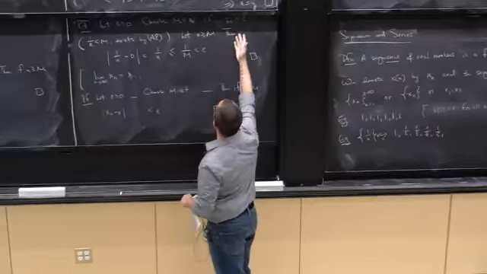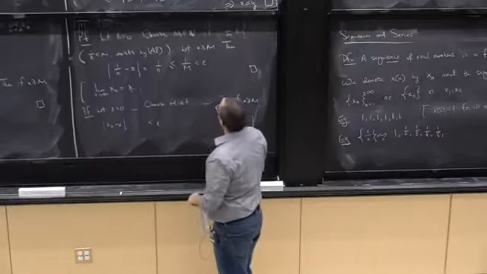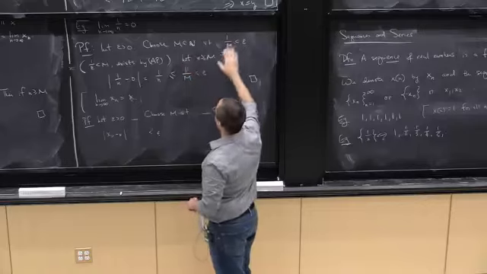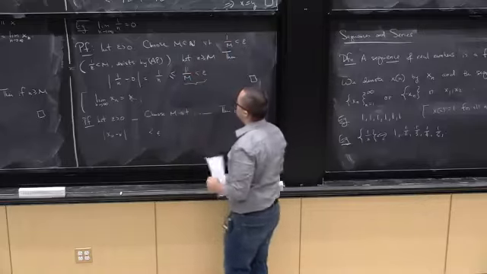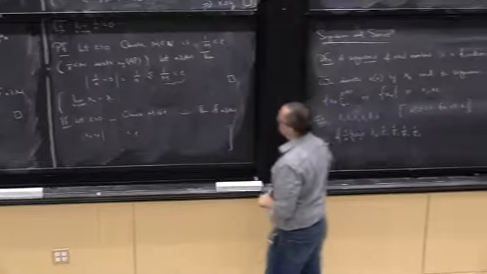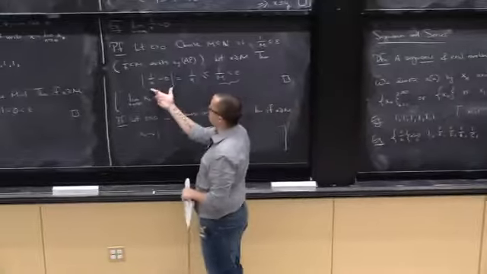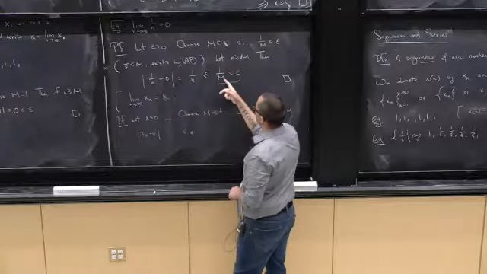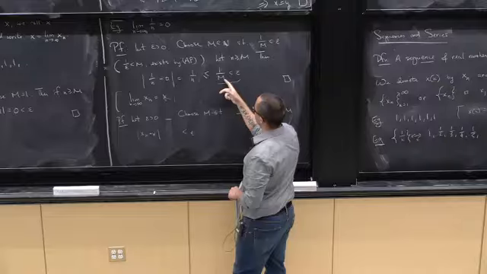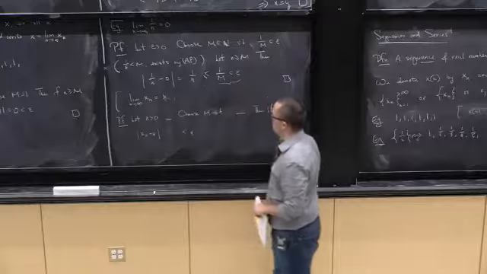How did I come up with M? Why did I choose M in this way? In the end, you can see it here, I chose it because if I fiddle around with the thing I want to bound, I ended up with 1 over M, which I can control, right? And make it smaller than epsilon.